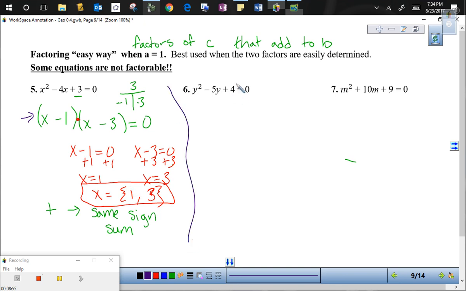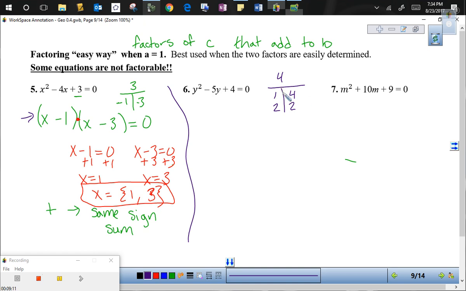We're looking at the factors of 4, the positive means same sign and sum. So we need both positive or both negative. The factors of 4 are 1 and 4, or 2 and 2. The positive also says we're looking for a sum of 5, so that gives us the first option, our 1 and 4.